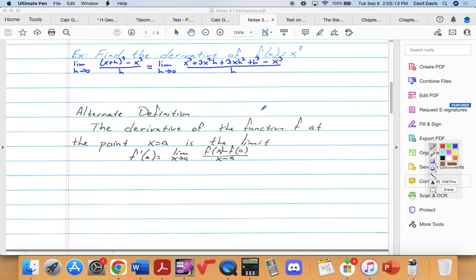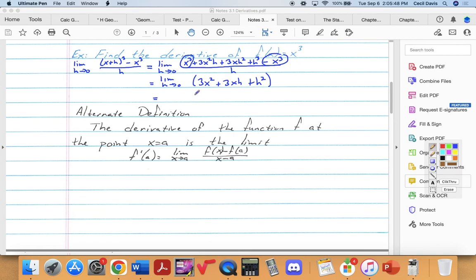Anyway, simplifying that, that'll be the limit as h goes to 0. Notice that the x cubed and the negative x cubed zero out. Everything else in the numerator has an h in it, so I'll go ahead and divide, and I'll have 3x squared plus 3xh plus h squared.